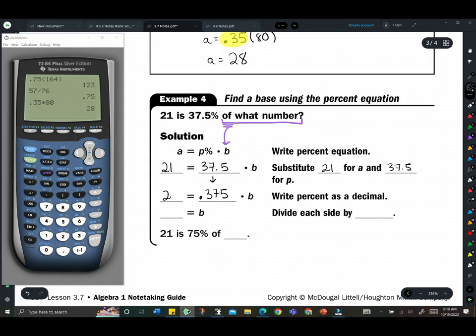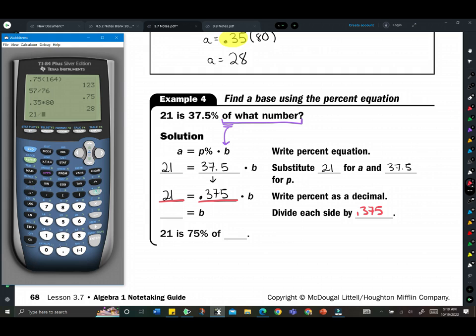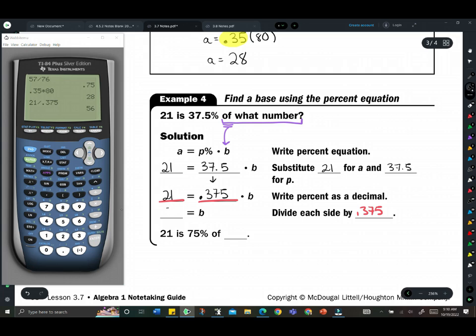This time around, we are dividing 21 by 0.375, which is 56, and that is the base. So 21 is 37.5% of 56.